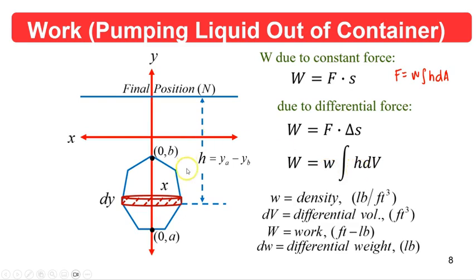H is the height to which you will pump the liquid to, so from the element up to the final position. And then dV, the differential volume. The volume that you will be using now will be the volume that will be pumped out. So in this case, you might need to rotate it to get the volume using the method of discs.